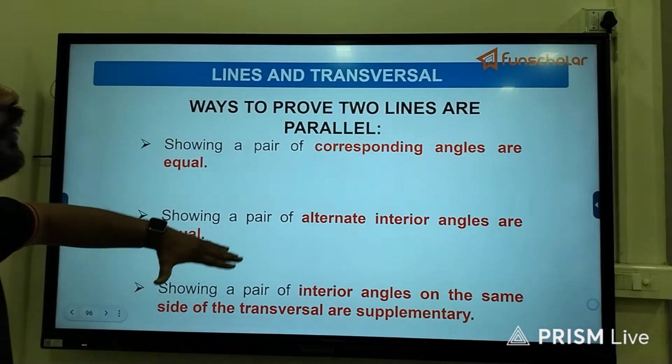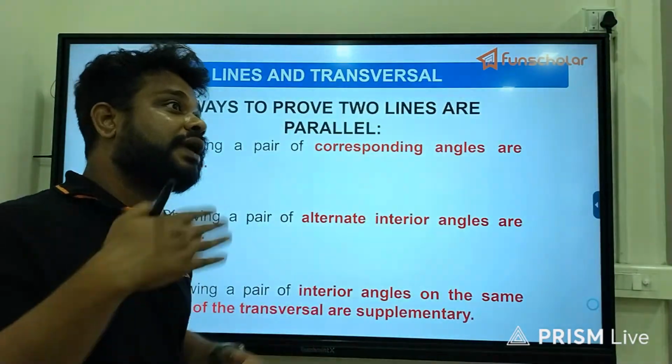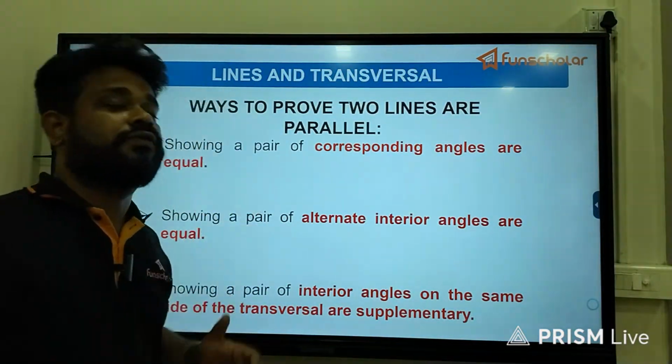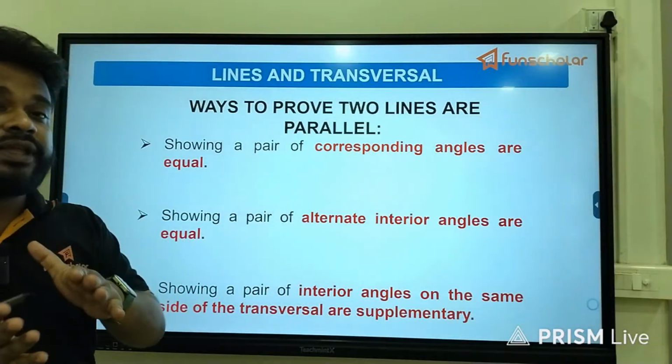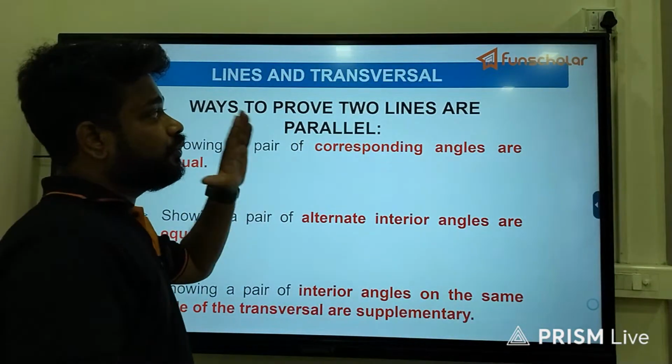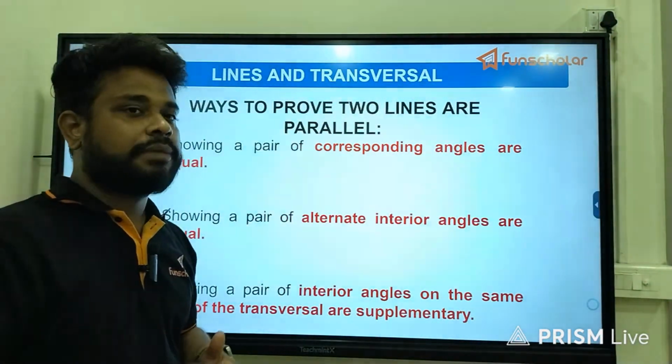Why are we studying all this? Because it will be beneficial for different chapters, like quadrilaterals and rhombus and all of that. To prove those, we have to learn the basic formulas of this, like the midpoint theorem.